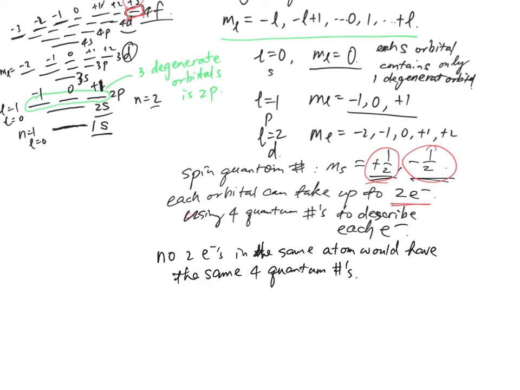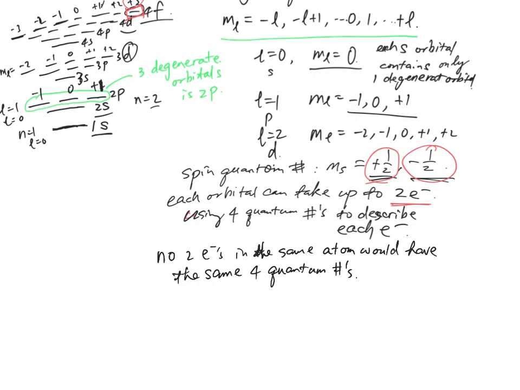If they're not in the same shell, they would have different N value. If they are in the same shell but different subshell, they would have different L value. If they are in the same shell and subshell, then they could have different ML value if they're on different degenerate orbitals.